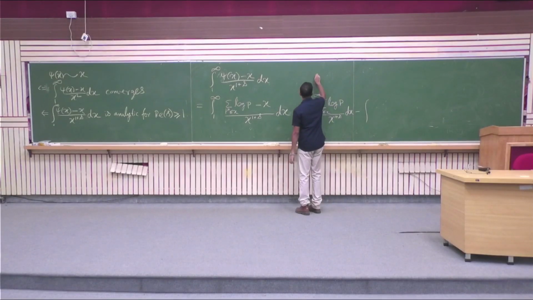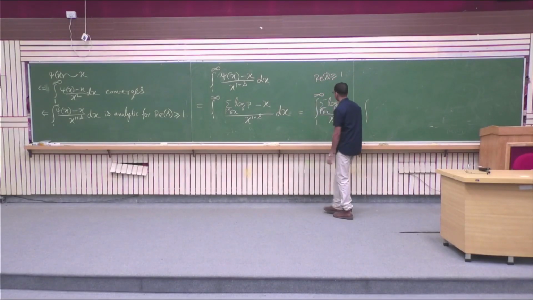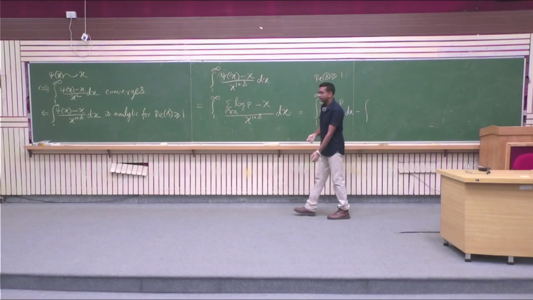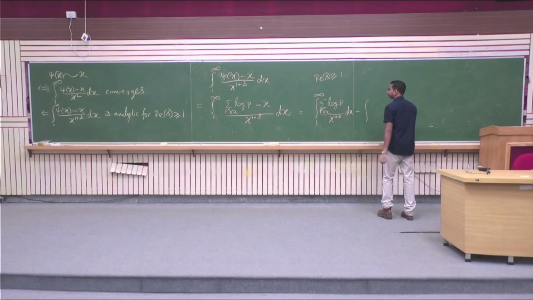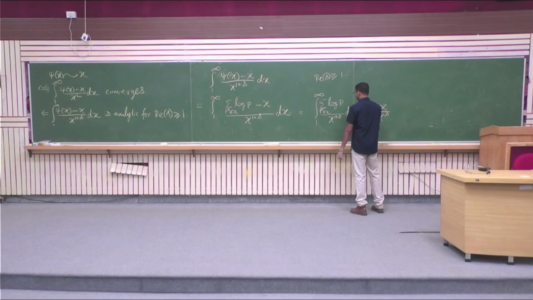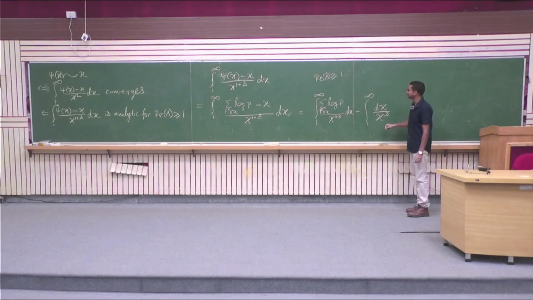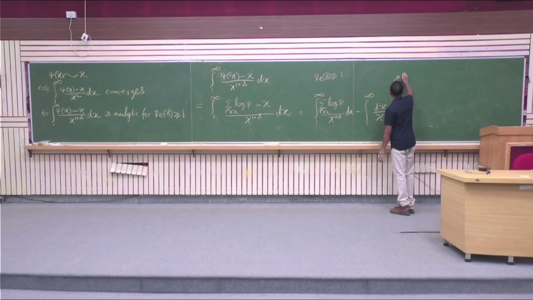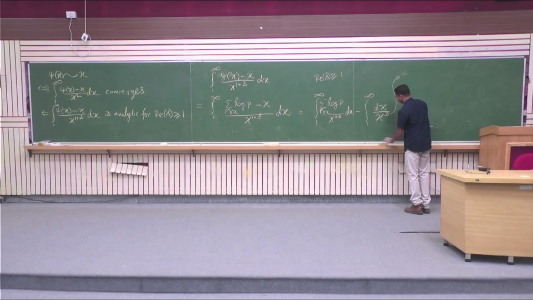We are in the region where real part of s is greater than or equal to 1, so none of these integrals will have any problems of convergence if we separate this out. Now can you tell me what this is? We did it yesterday also in the afternoon, right? This is an easy integral. We explicitly did this.